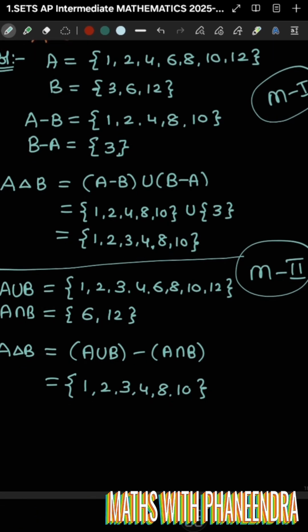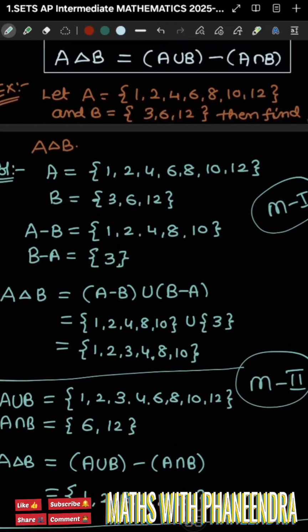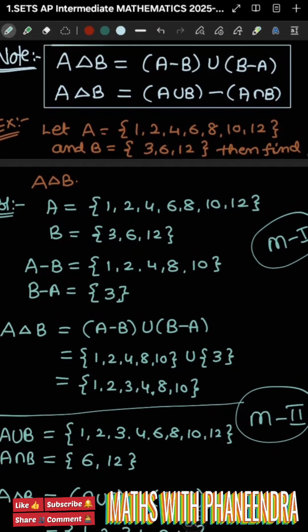So from both method 1 and method 2, we got the same answer. I hope you understand about the symmetric difference A delta B, dear students.